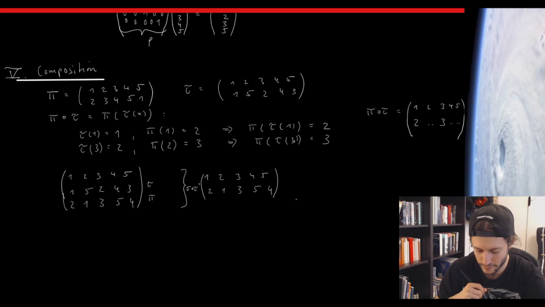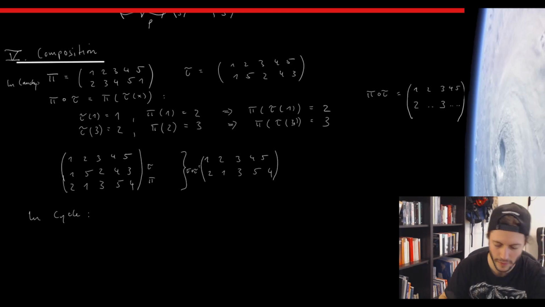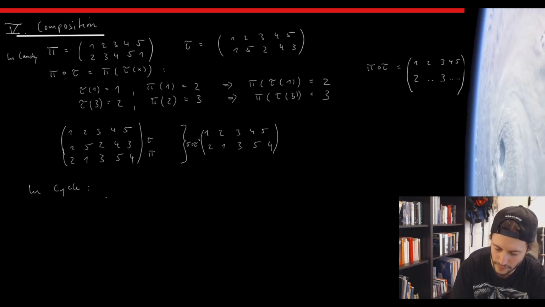All right. So that's composition in Cauchy notation. In cycle notation, we do the following. First of all, we have to get the cycles for the two permutations. So let's start with tau.